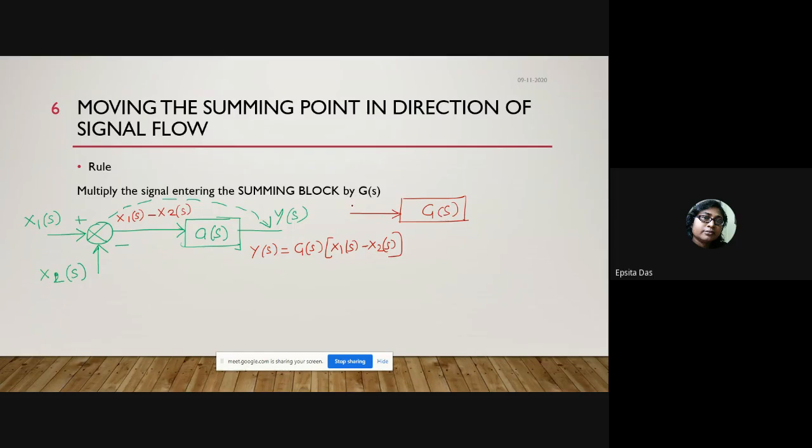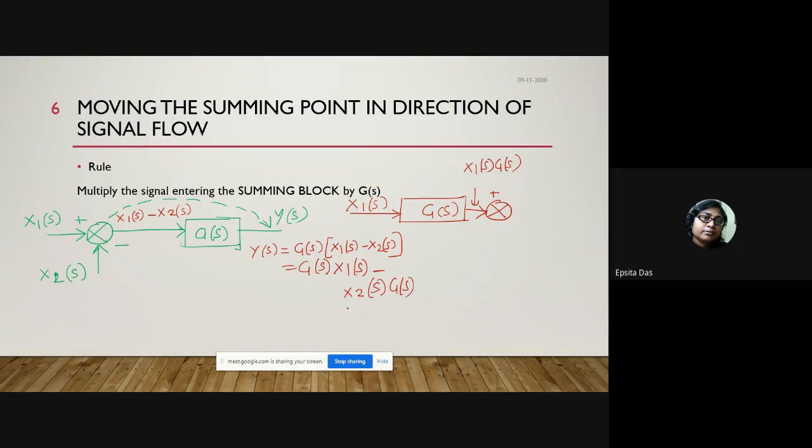So the x1 signal is now directly going into the gs block. If I take the summer here, the value gs into x1s is coming to the summer, no problem. Now what is this value? I need to have x2s into gs.